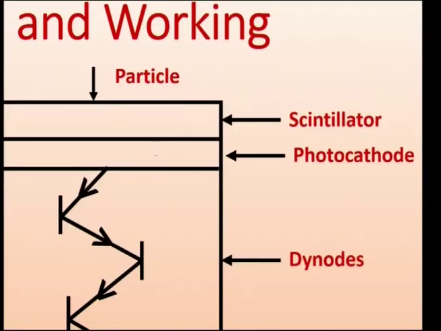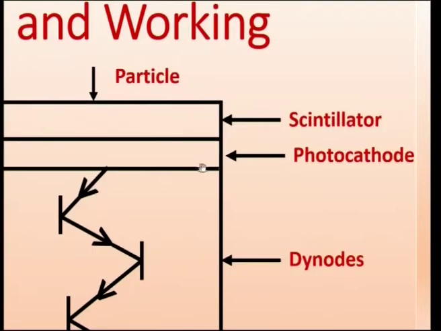When that photon falls on the photocathode, it is like any material which emits electrons when light is incident. That is the photoelectric effect. When light falls on certain materials, for one photon, one electron is emitted. So that is called photocathode.